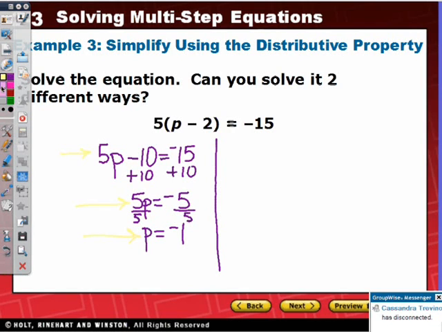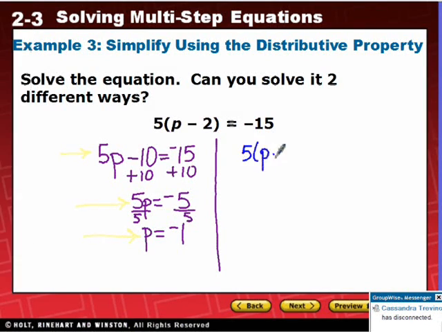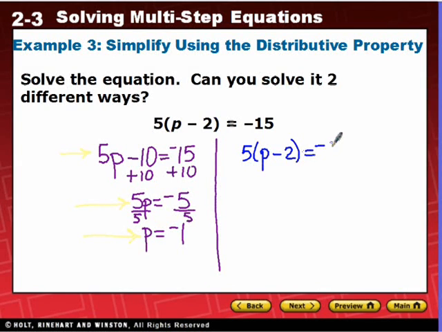Okay. Now the alternative, right, would be to take that 5 and go ahead and divide by it. I'm going to rewrite the problem here so you can see that. Because 5 very nicely goes into 15. So I could take the whole equation and I could divide it by 5. And that makes this 5 disappear. And I'm left with p minus 2 equals negative 3.